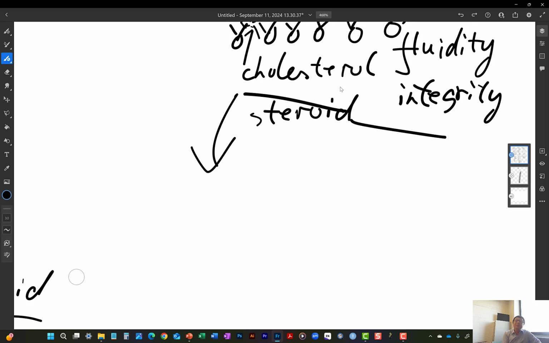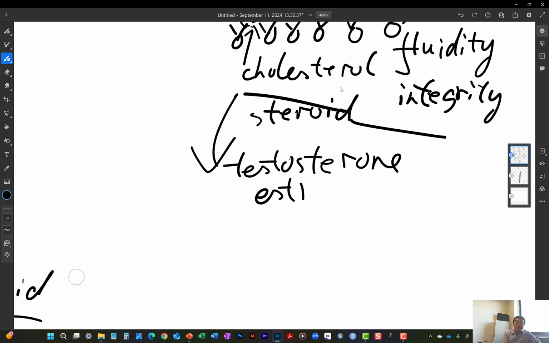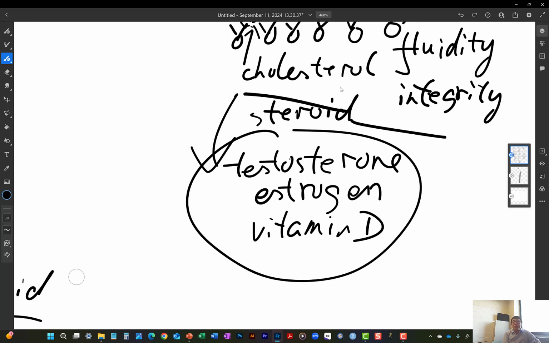For example, sex hormones like testosterone, estrogen, and vitamin D. And other hormones like cortisol, glucocorticoid, is also a steroid. So basically, they are very important to our health. We cannot live without them.